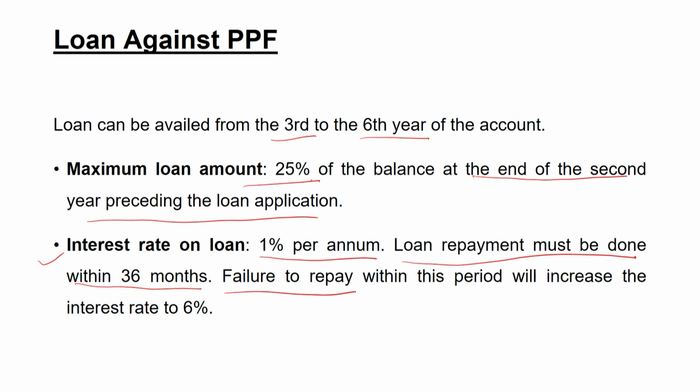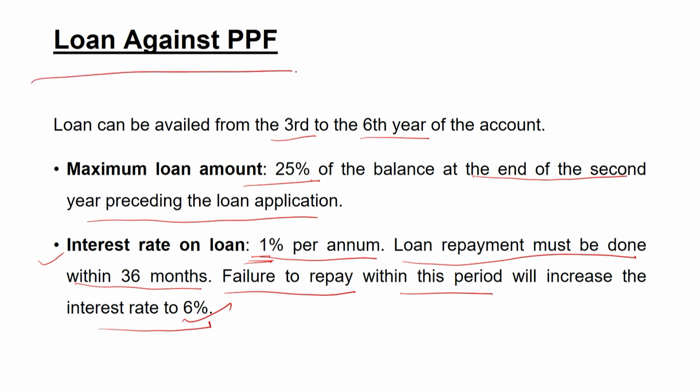If you fail to repay your loan within this period, the interest rate will increase to 6%. So the 1% rate of interest will be increased to 6% if you do not pay the principal as well as the interest amount of the loan taken against the PPF account.